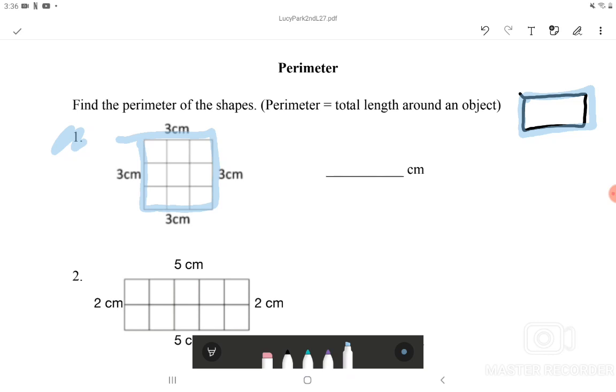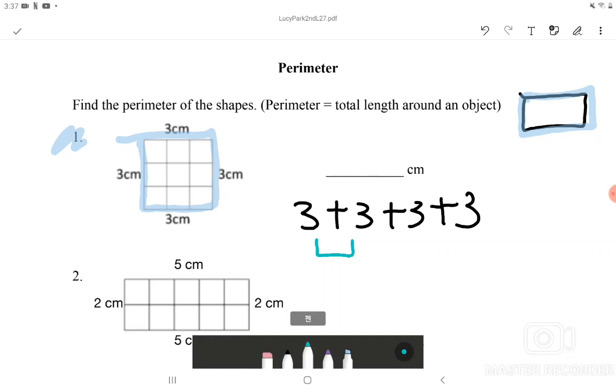It's 3 all around, so it will be just 3 plus 3 plus 3 plus 3. So 3 plus 3 is 6. 6 plus 3 is 9, and 9 plus 3 is 12. So we know that it is 12 centimeters long.